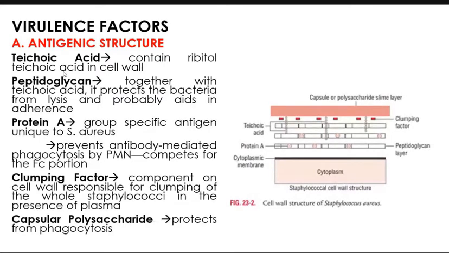Doon sa likod ng clumping na yun, makukover na naman si Staphylococcus aureus. Then also it has the capsular polysaccharide, which also functions to protect the microorganism again from phagocytosis. So those are the antigenic structures of Staphylococcus aureus, which are illustrated in this schematic diagram of its cell wall.